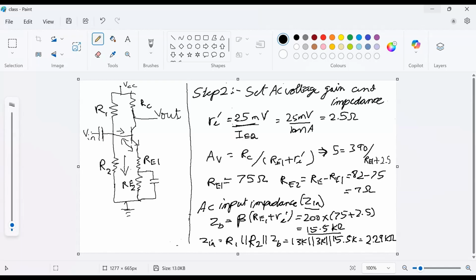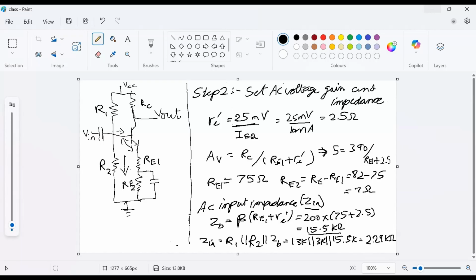So this implies a voltage gain of 5 is equal to 390 by RE1 plus 2.5, and from this expression we get RE1 is equal to 75 ohm. RE2 is given by RE minus RE1, which is equal to 82 minus 75. 82 is the total emitter resistance that we calculated in the previous step where we determined the quiescent point. So on calculating this, we get 7 ohms.